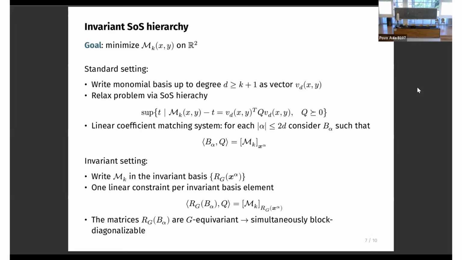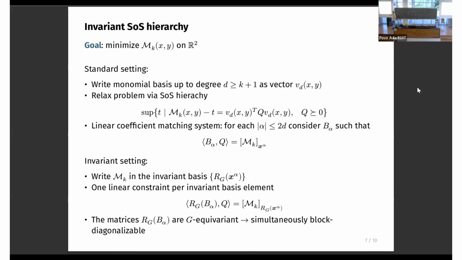And then you only have one constraint per basis element of the invariant ring, which is already usually a big reduction. And then what you must do, instead of taking these very sparse matrices B alpha, which were the coefficient matching matrices, you now need to average them over the whole group because you need these to be equivariant.